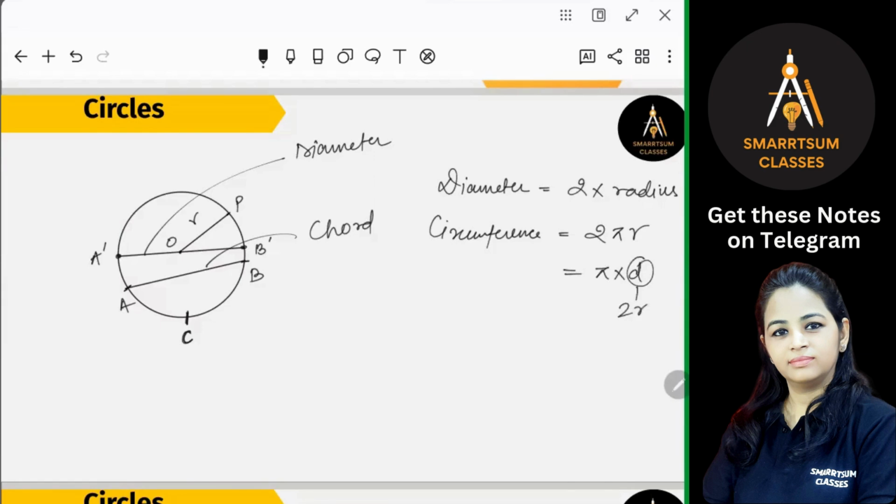Now this is the ratio of circumference and diameter, C upon d. This is always equal to a constant, and this constant is called pi, and its value is 22/7, or in decimal, we can take it as 3.14.